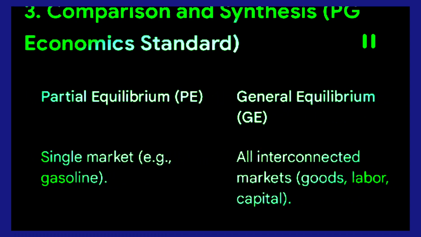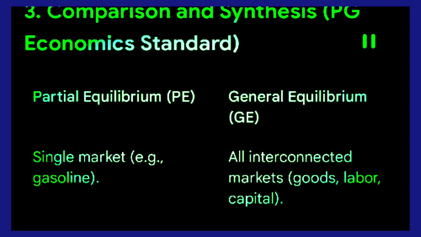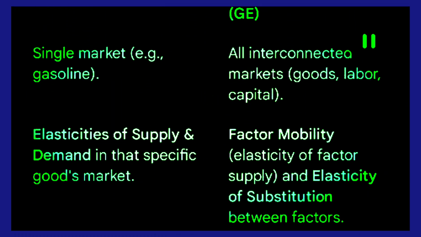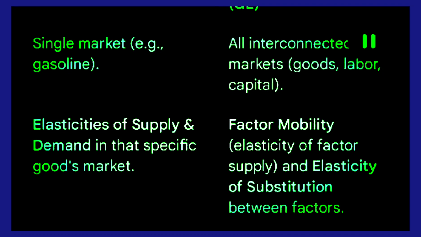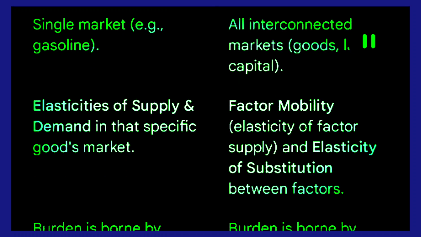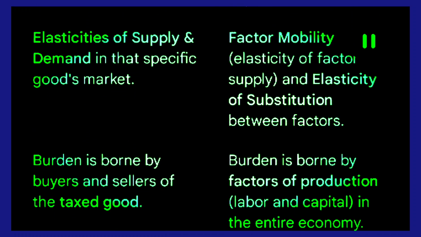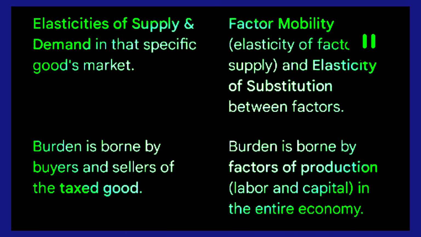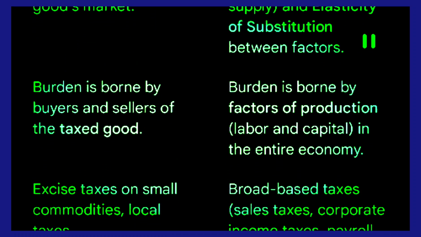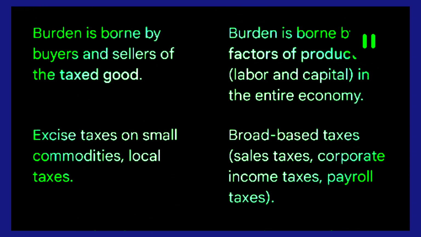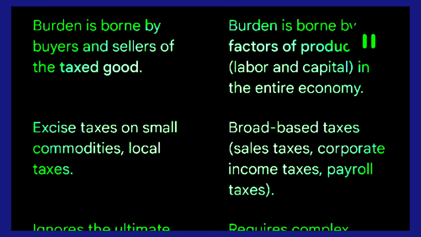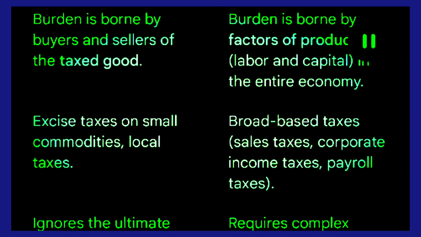Key determinant: elasticities of supply and demand in that specific goods market, versus factor mobility, elasticity of factor supply, and elasticity of substitution between factors. Incidence result: burden is borne by buyers and sellers of the taxed good, versus burden is borne by factors of production, labor and capital, in the entire economy.